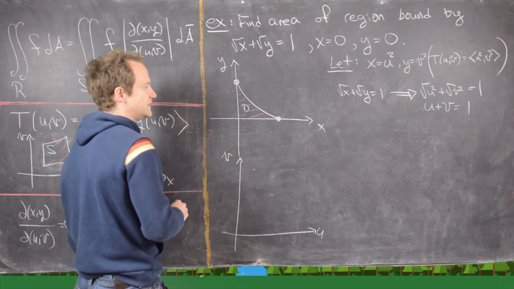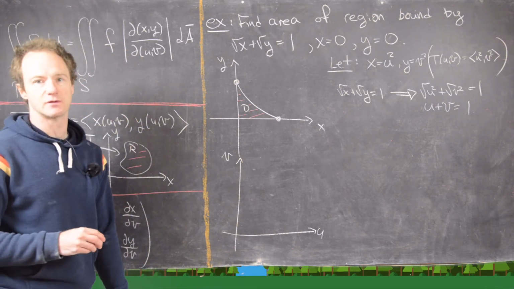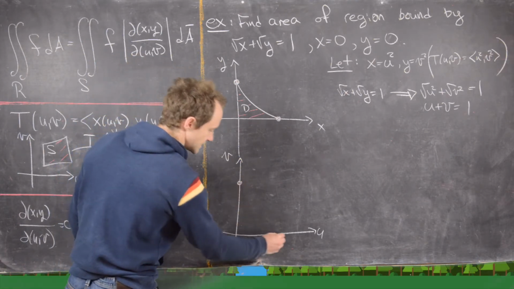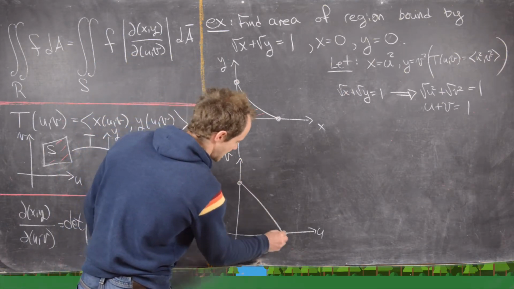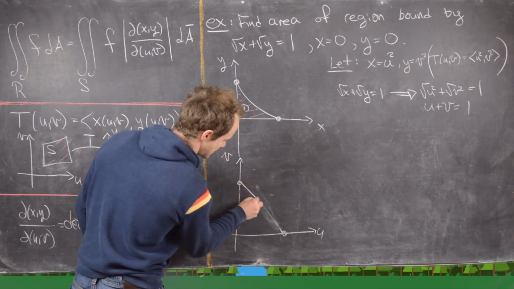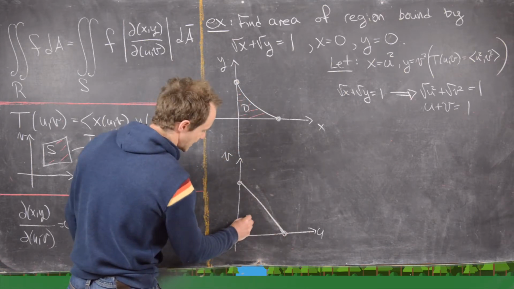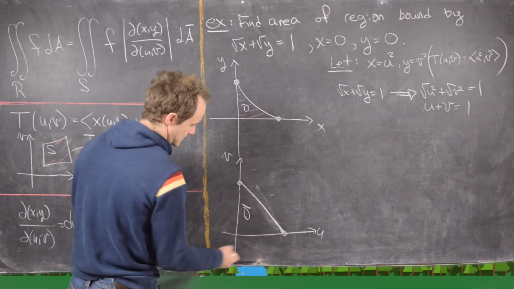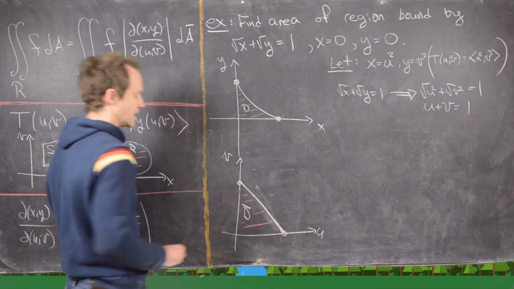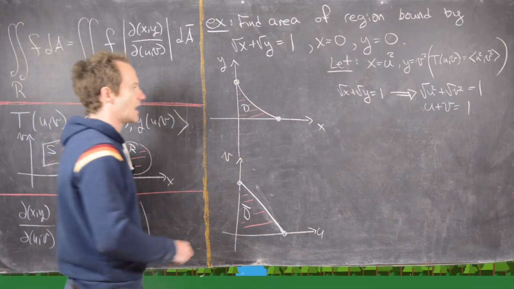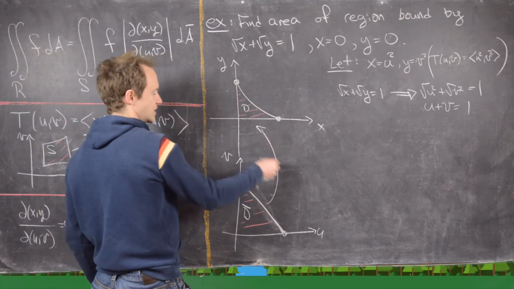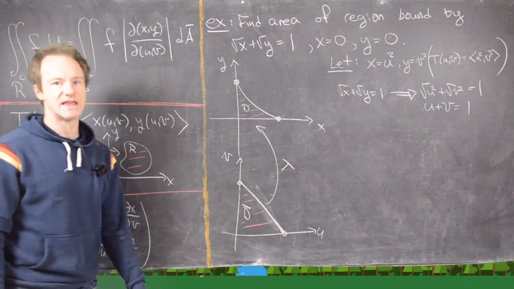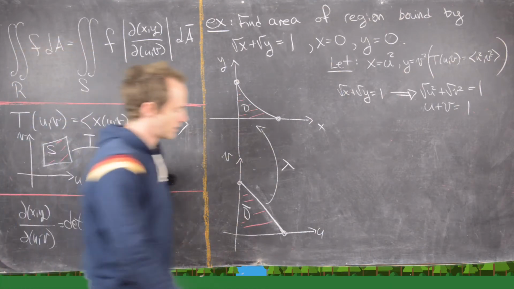And we know that u plus v equals 1, well, that's the same thing as v equals minus u plus 1 if you want to think about that in slope-intercept form. So this goes something like that. So that should be a straight line. So maybe we can call this region over here D bar. Okay, good. And now notice our transformation takes this region right here, which is a triangle, and it bends the triangle a little bit. Okay, great.